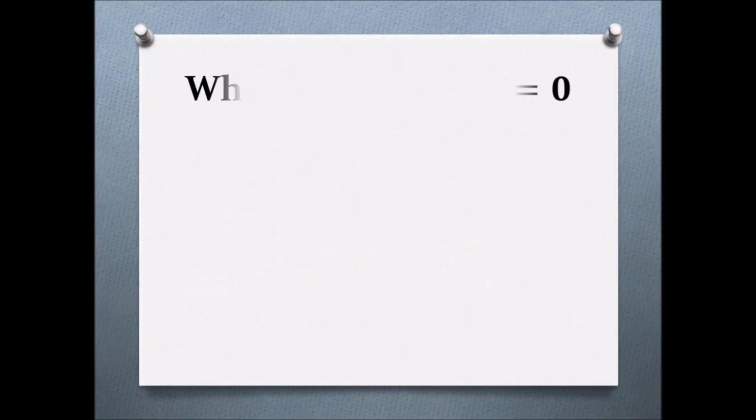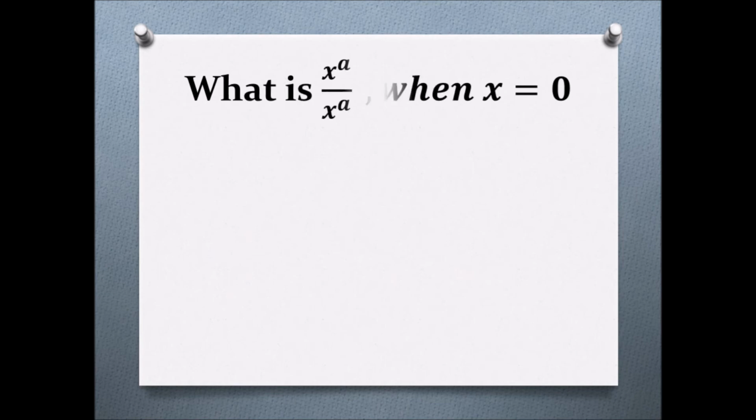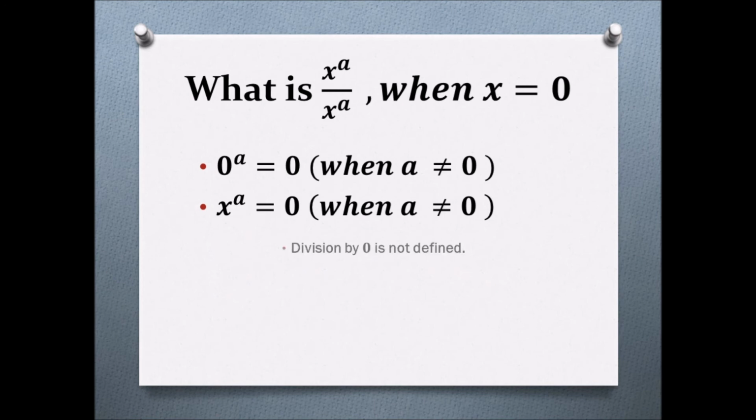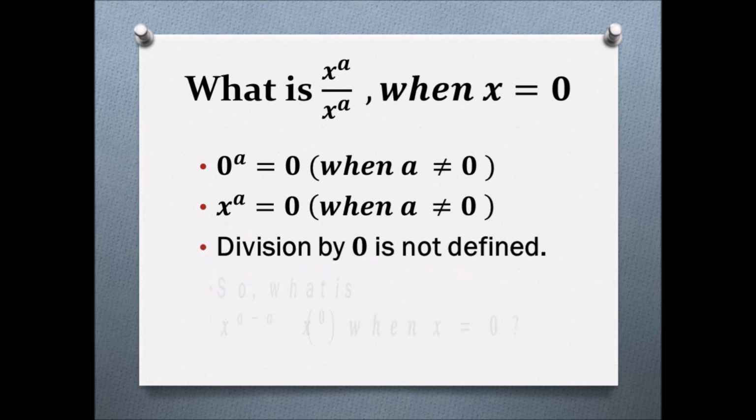So far we have considered a non-zero real number x. Now we ask, what is x raised to a by x raised to a when x equal to 0? Since x equal to 0, x raised to a equal to 0 when a is not 0. We have seen in our previous general math video that division by 0 is not defined. I have proved it, so I will give the link here. Please watch that. Okay.